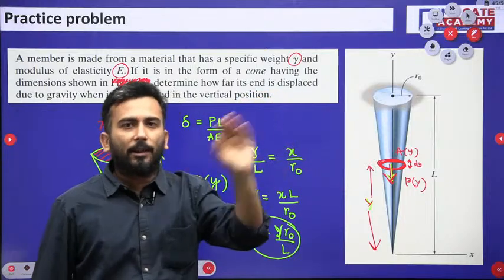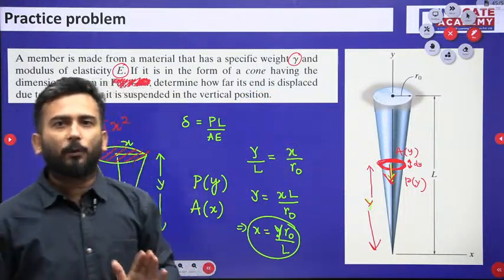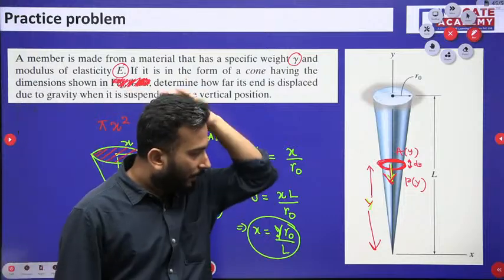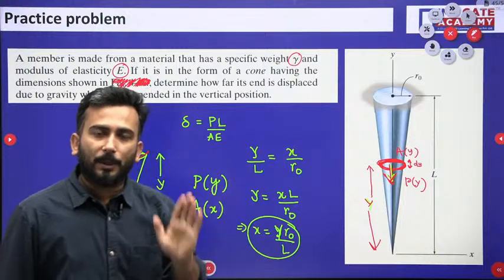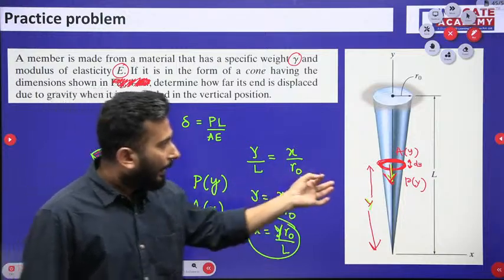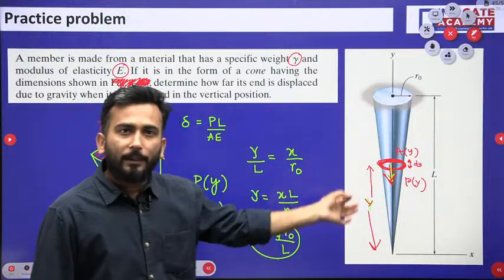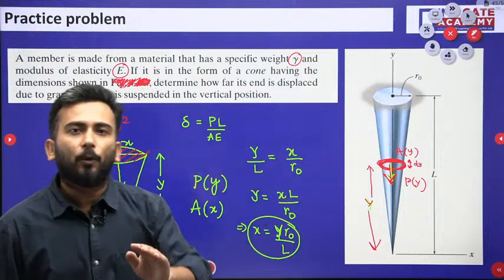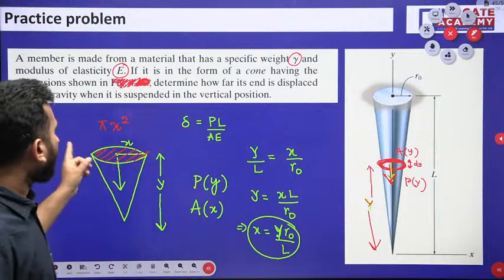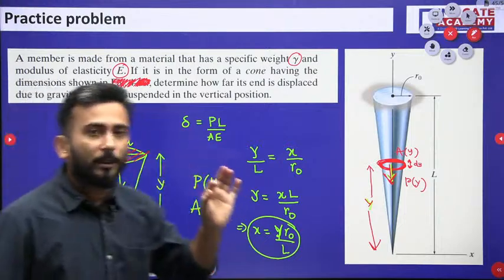In one or two minutes, I will brief you through the question. Let's say the cone is hanging from somewhere. The question was, what is the deformation due to self weight, that is, due to gravity?